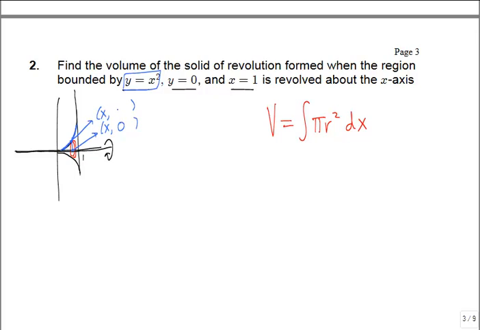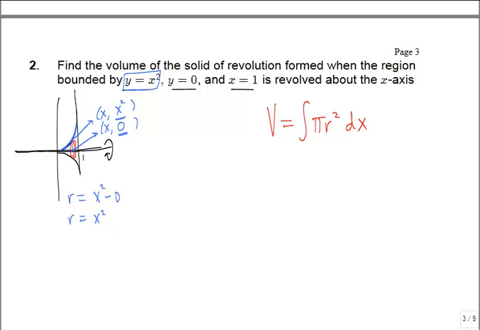So the y value is just going to be whatever x squared is. So my radius function will be this top y value minus the bottom y value. You want to do top minus bottom. So this height minus this height would just be x squared minus 0, or x squared.